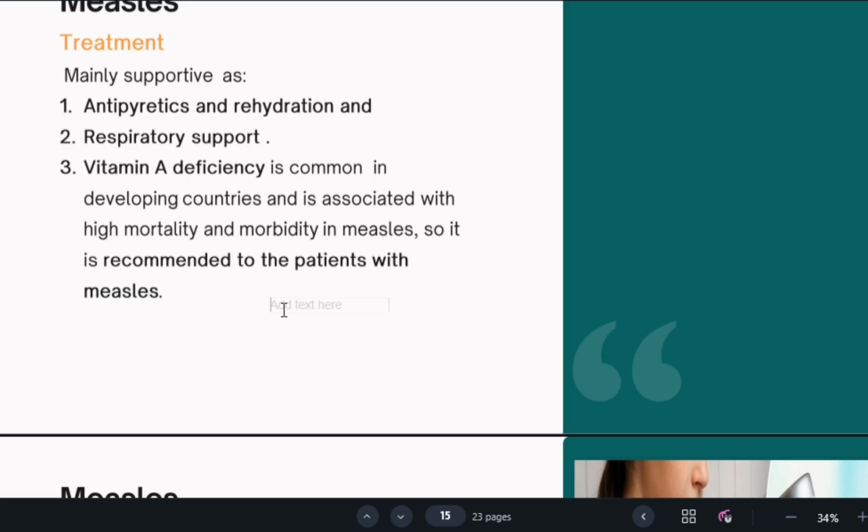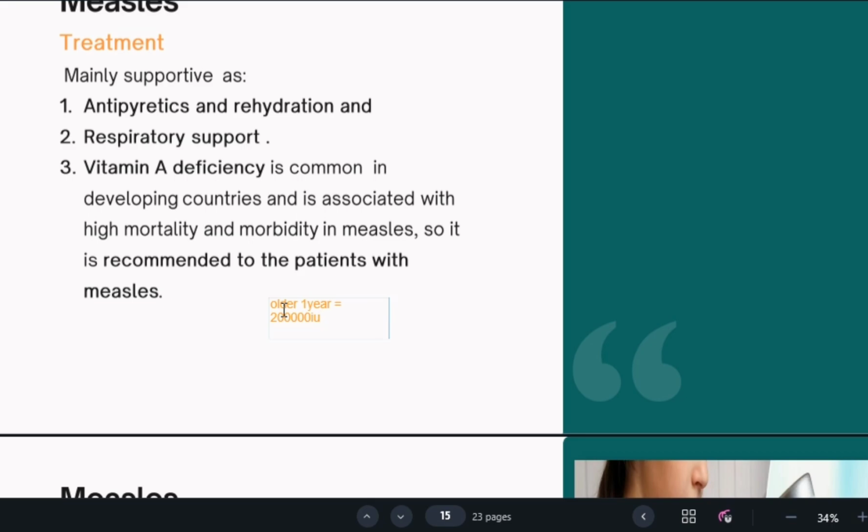For children older than 1 year, 200,000 international units once daily for 2 days.